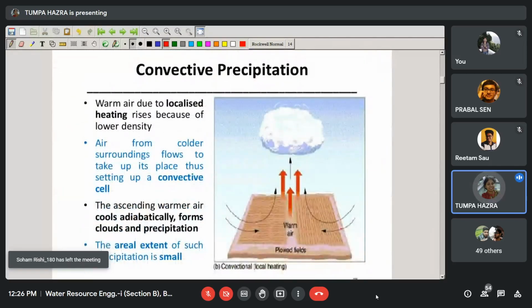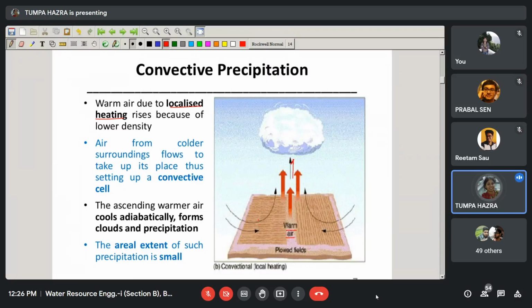The third one is convective precipitation. If the air of a particular region gets warm because of some localized heating conditions, then the warm air, being lighter, will move upwards.